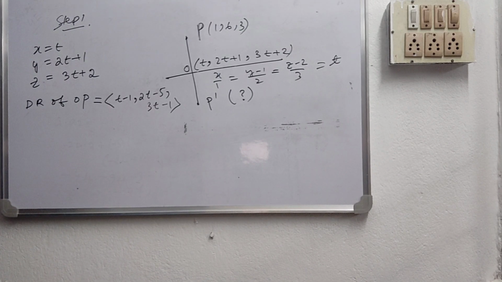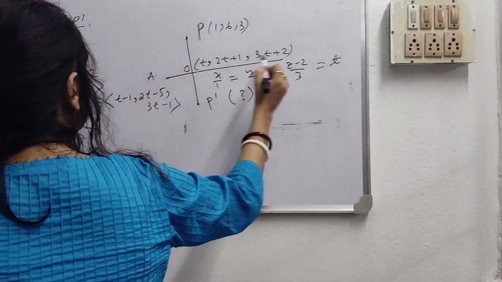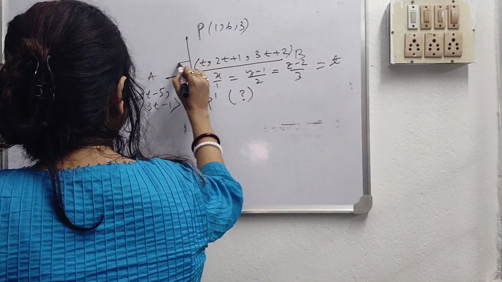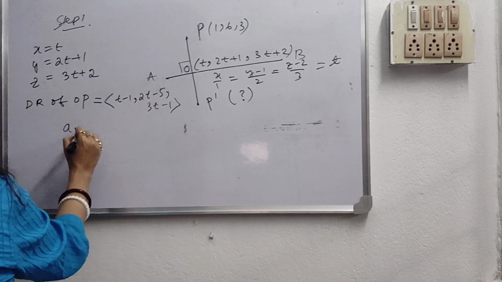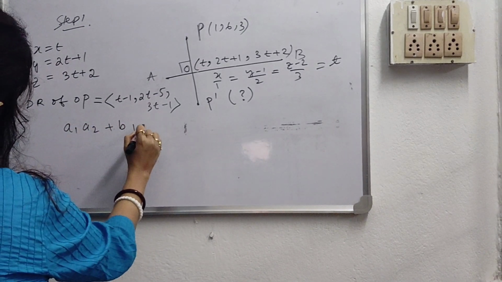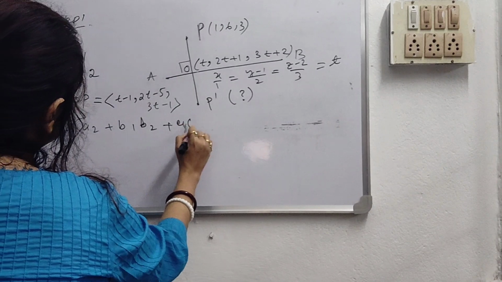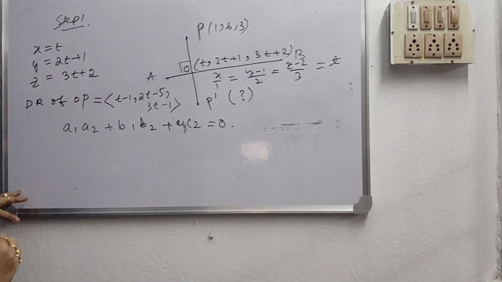Now QP and this line, suppose this is AB, QP and AB are perpendicular. So the formula is A1A2 + B1B2 + C1C2 = 0.